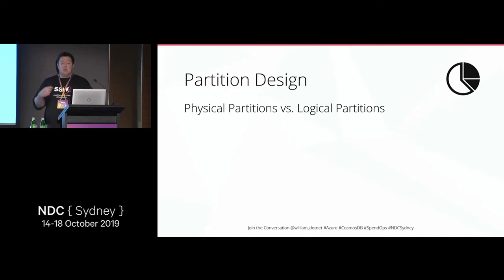All right, so now we need to look at partition design. There are 2 flavors of partitions, physical and logical. The physical partitions are really how the Cosmos engine decides the amount of power to put behind a logical partition. So that's the server, the compute power of that server, and the networking capabilities.